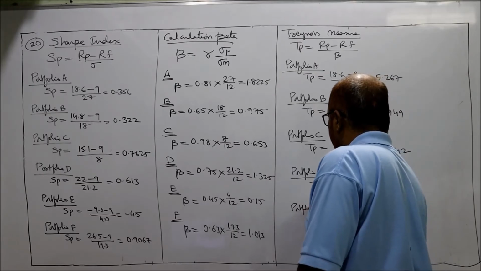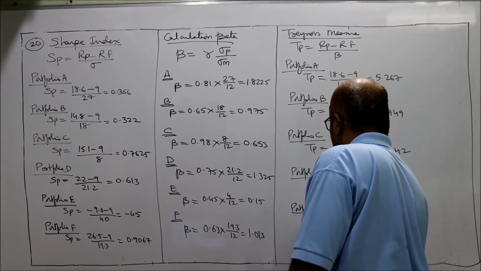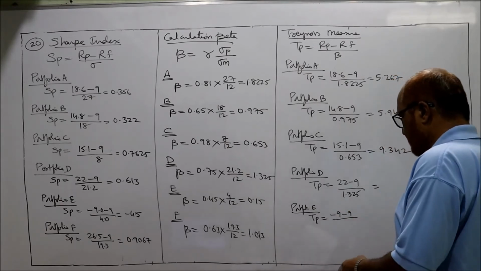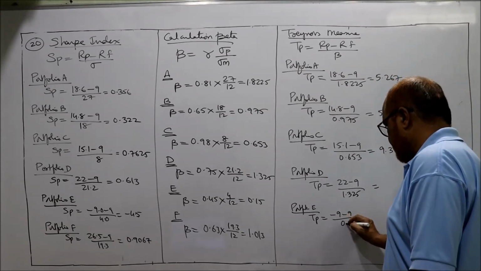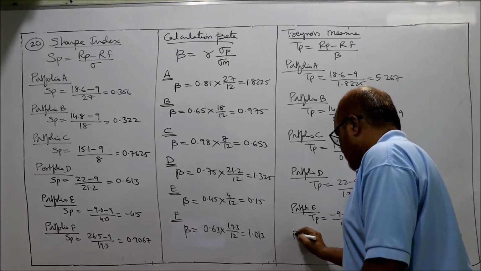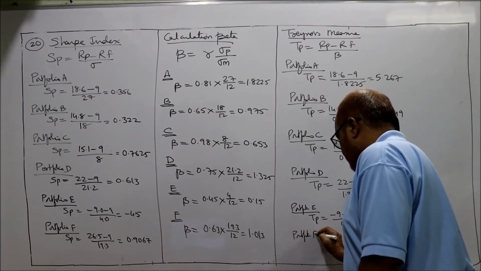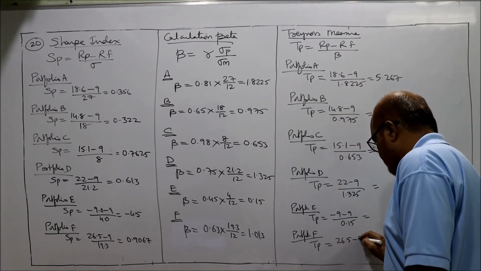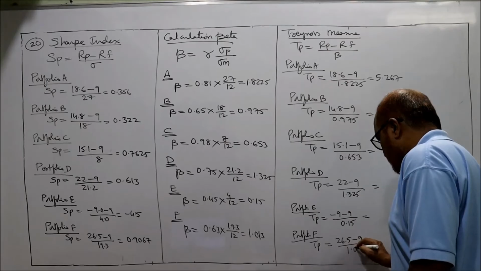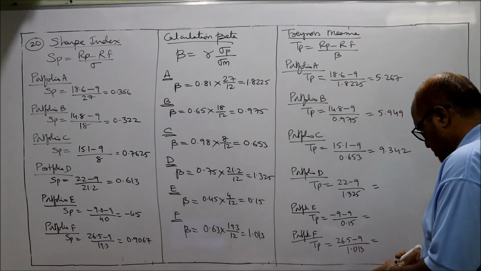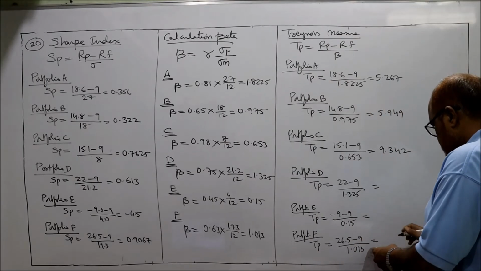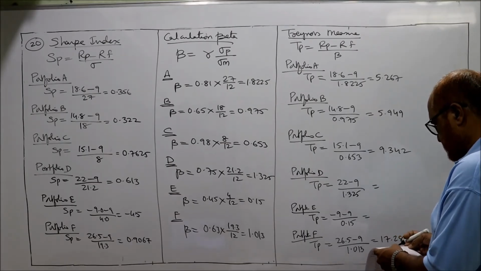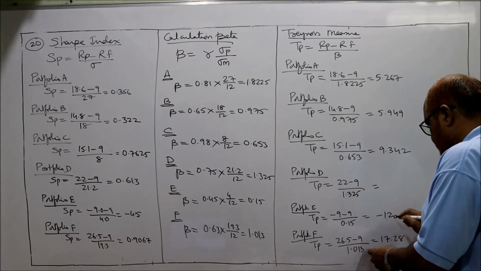Portfolio E, TP is equal to minus 9 divided by 0.15. Portfolio F, TP is equal to 26.5 minus 9 divided by 1.013, which is 17.28. And E, it is minus 120.